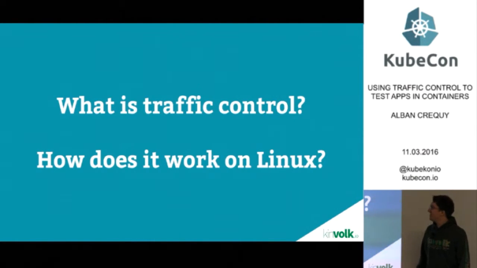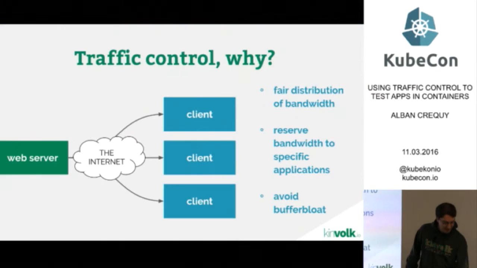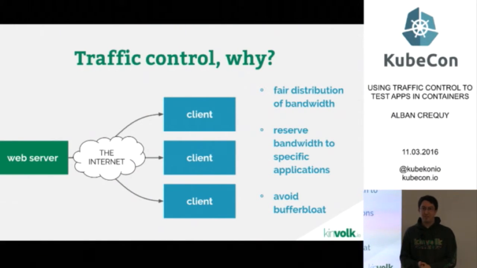So to start with, what is traffic control? How does it work on Linux? Traffic control can be used for different things. In this example, we have a web server sending data over the internet to different clients. We can use it for a fair distribution of bandwidth, to make sure that one client doesn't starve compared to the other clients.